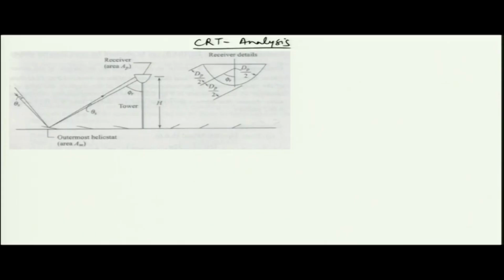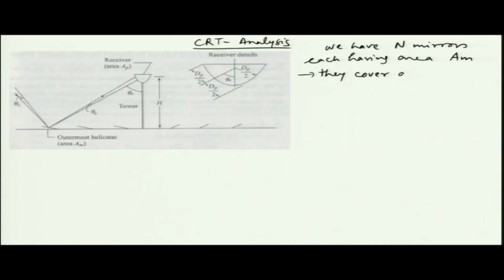Let us assume that we have n mirrors, each having area AM. M stands for mirror and A stands for area. Okay. And they cover an area AG on the ground.